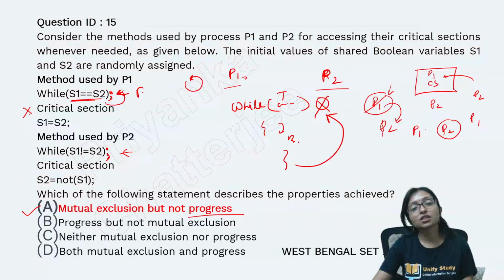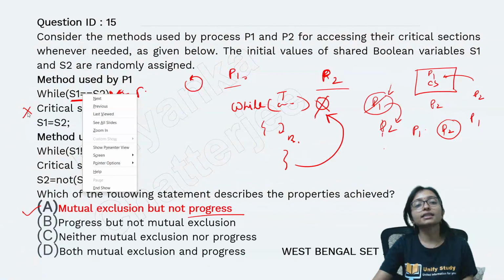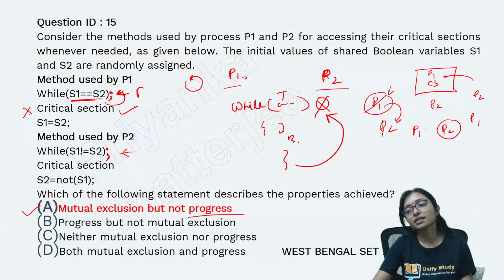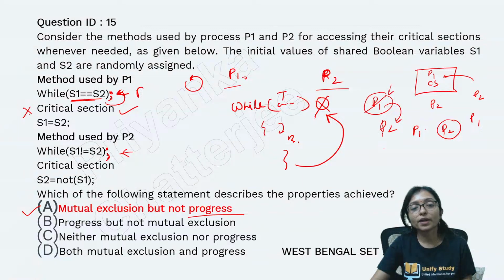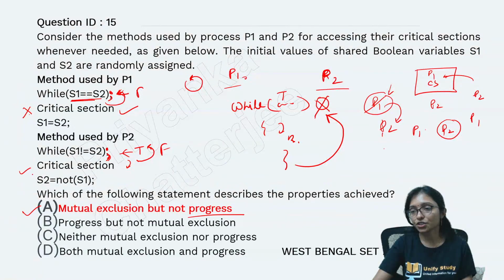Only whenever the condition is false, it enters the critical section. This is the game of the process synchronization problem. Here also, whenever this condition is true, it goes again and again in the loop. Whenever this condition is false, it comes out of the loop and this is the critical section.